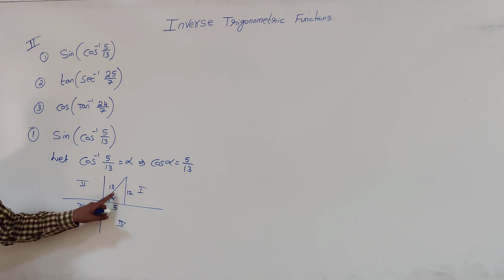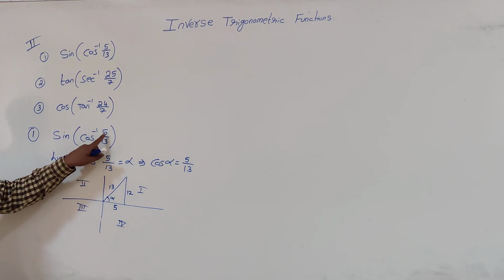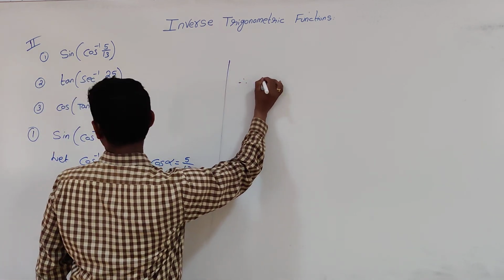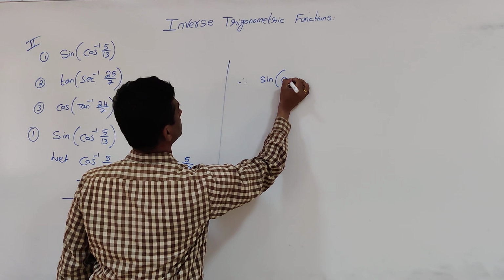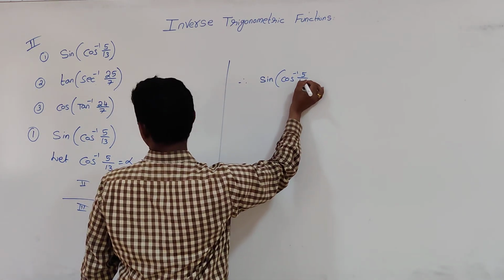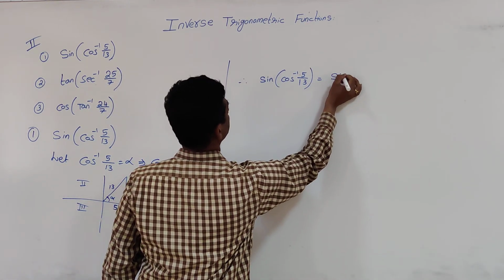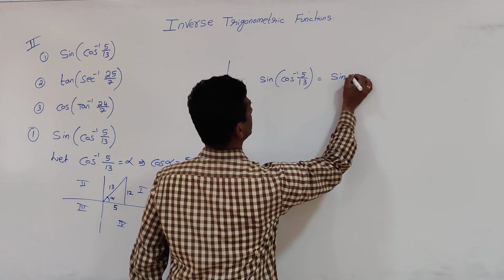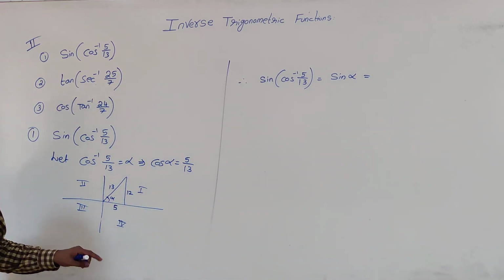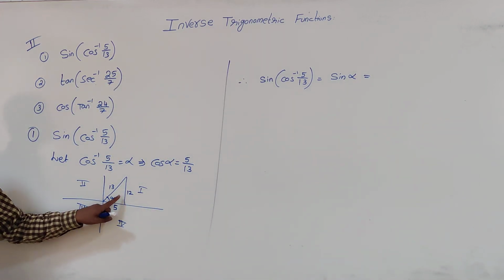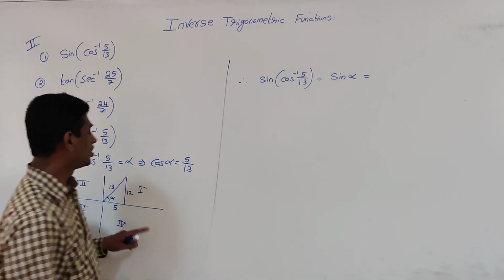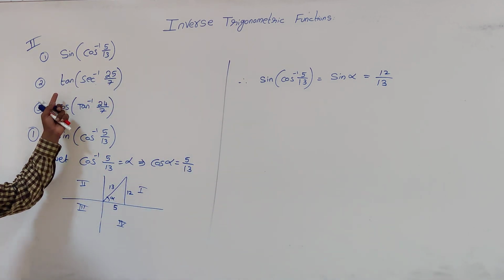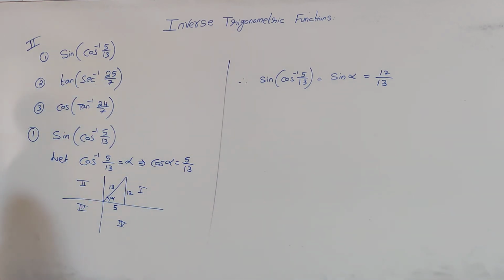Coming to the question, sin of cos inverse of 5 by 13 is equal to sin alpha. But from the right angle triangle, what is sin alpha? Opposite side by hypotenuse, so it is 12 by 13. So sin of cos inverse of 5 by 13 is 12 by 13.